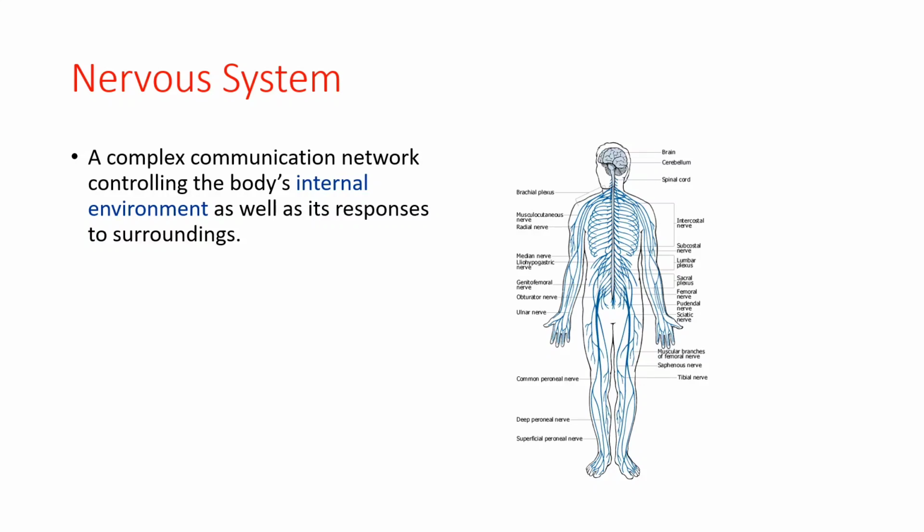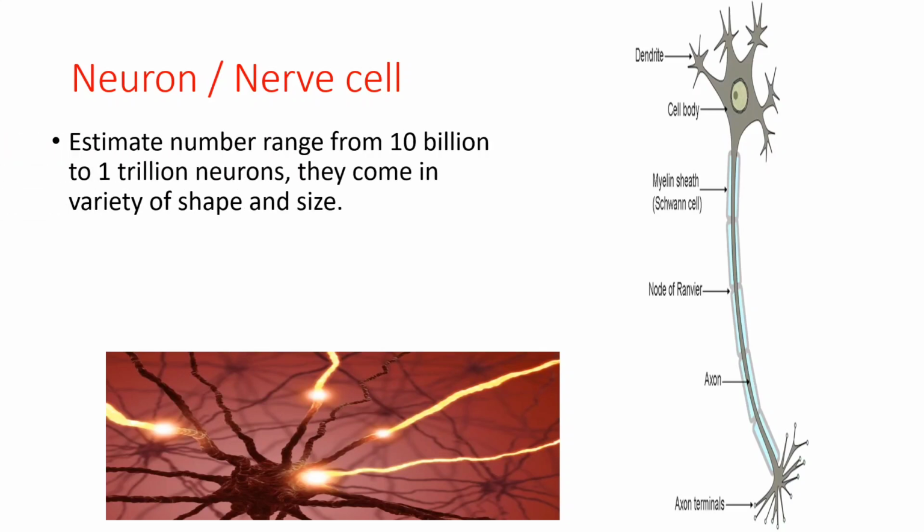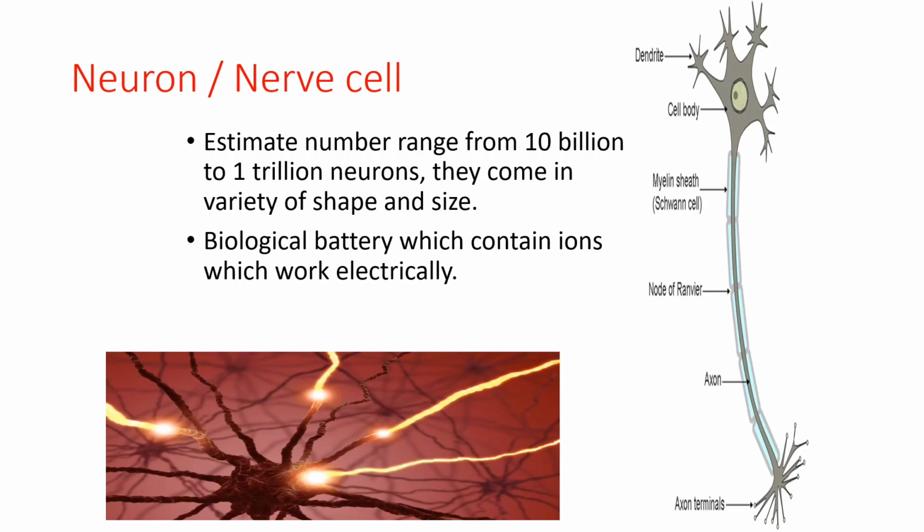to the surroundings. But what is the basic structural unit of the nervous system? They are called neuron or nerve cell. There are an estimate number of neurons in the human body, ranging from 10 billion to 1 trillion of neurons with different shape and size.